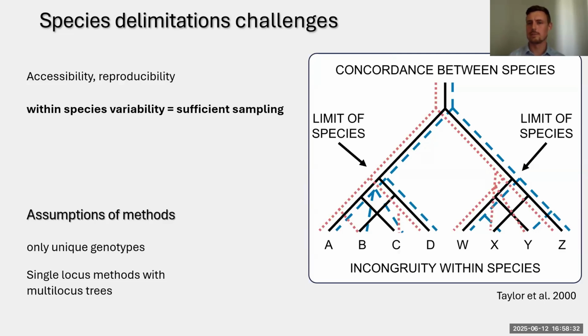But one more thing that I often see in studies doing this species delimitation methodology is, for example, using multi-locus trees within the single-locus methods framework, which is also influencing the results very much. And I decided to mention this study here.